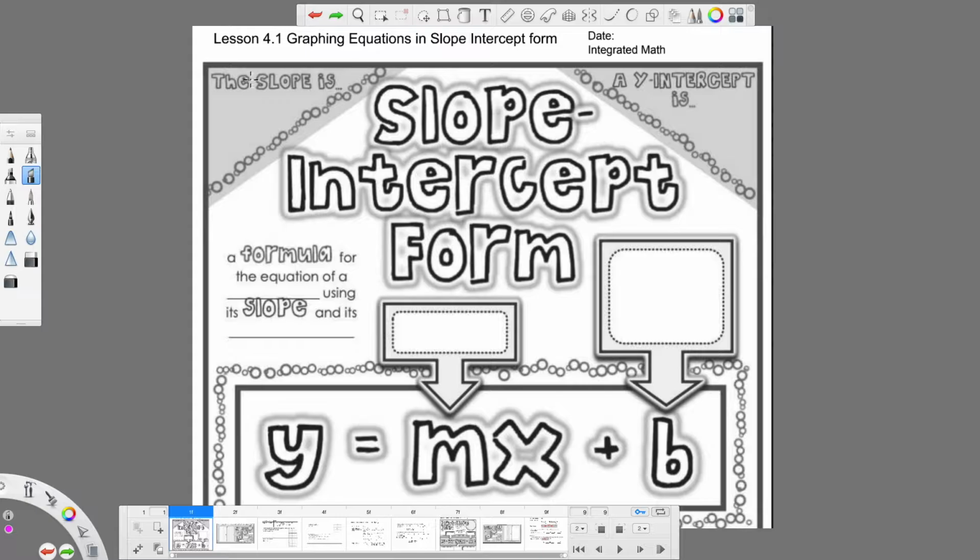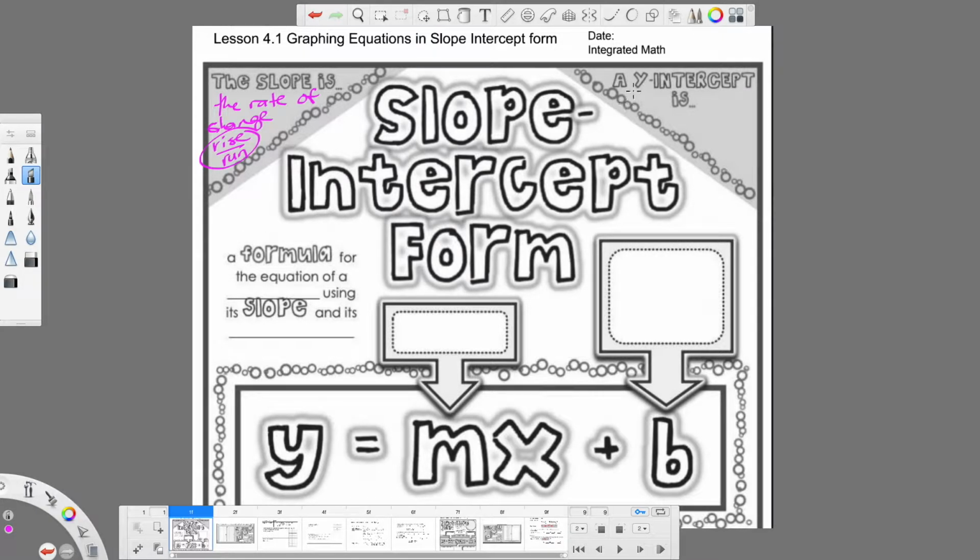So it says the slope is, and that's the rate of change. Right? Or we can think of it as rise over run. It's kind of an easy way to think of the slope.